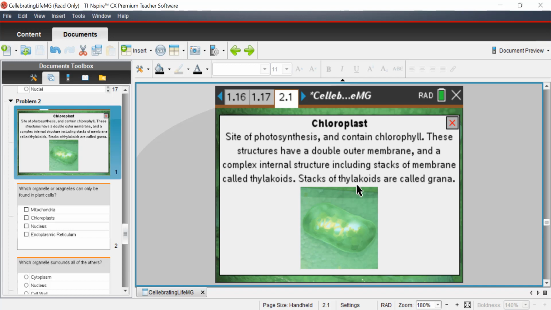We just hit you with a bunch of multi-syllabic words here: chlorophyll, double outer membrane, stacks of membranes called thylakoids, and stacks of thylakoids are called grana. So the chloroplast is where photosynthesis happens. That's the key point, but you probably want to pause this and take some notes on these other terms as well: thylakoids and grana.